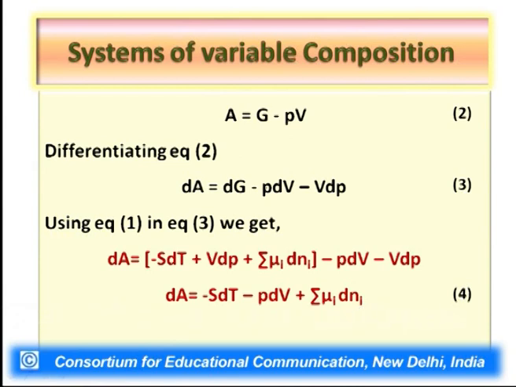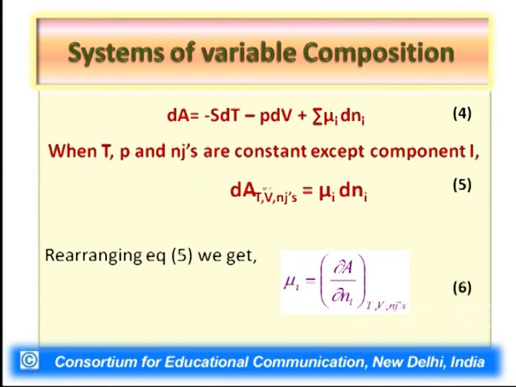Similarly, we can make use of this equation in order to determine the chemical potential, because mu i is the chemical potential. It is very important to note in what way we can determine chemical potential in terms of change in Helmholtz free energy.